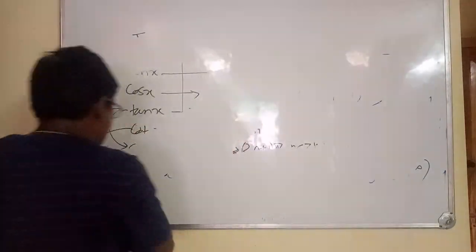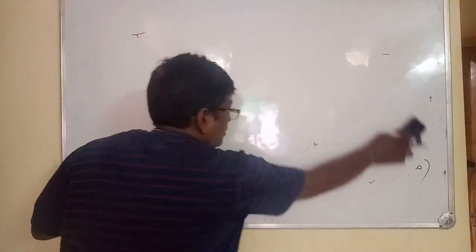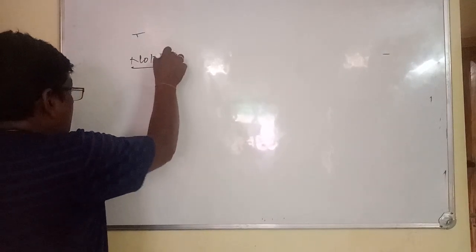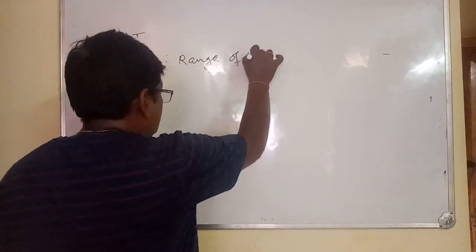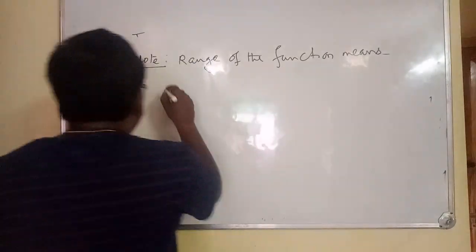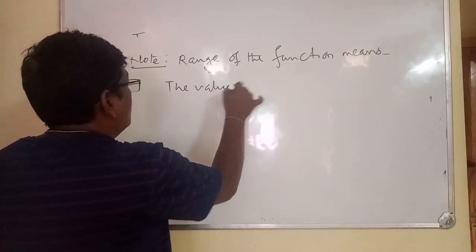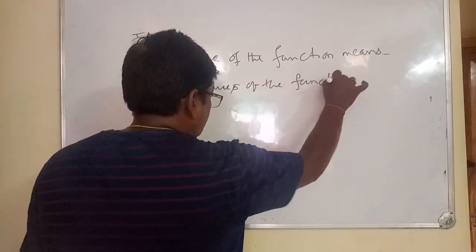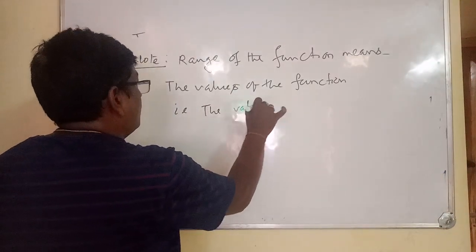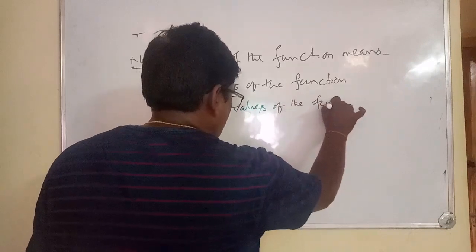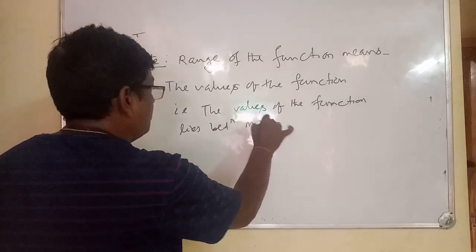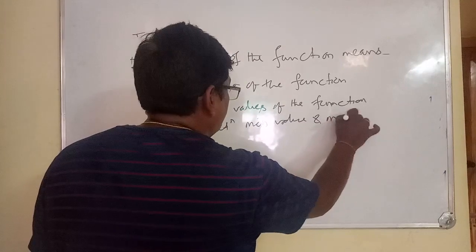Range of a function means the values of the function lie between the minimum value and maximum value. Clear?